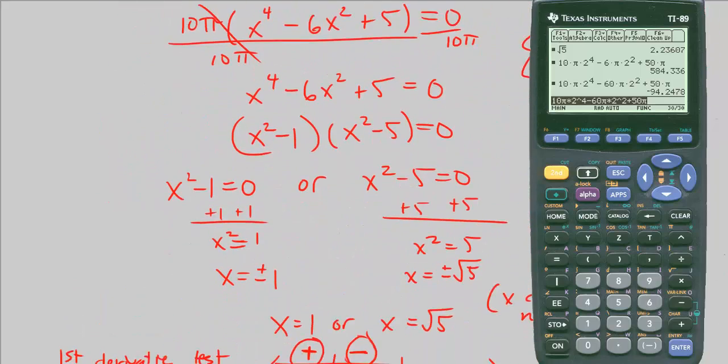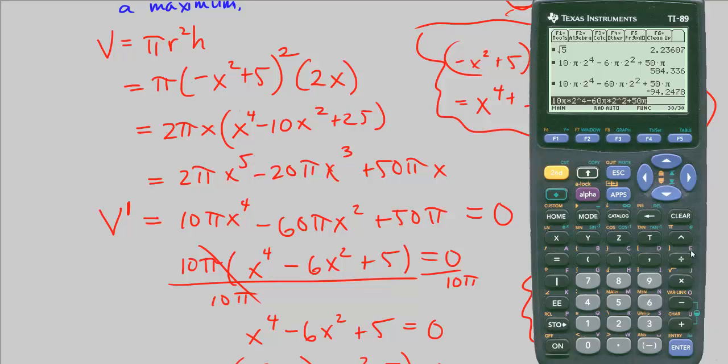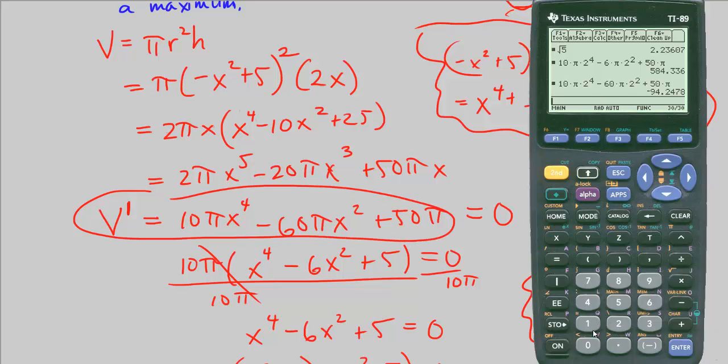Finally we're going to plug in 3. I'm plugging into the wrong one. I'm supposed to plug it into v prime. Let me start all over. 10 pi times 3 to the 4th minus 60 pi times 3 squared plus 50 pi.